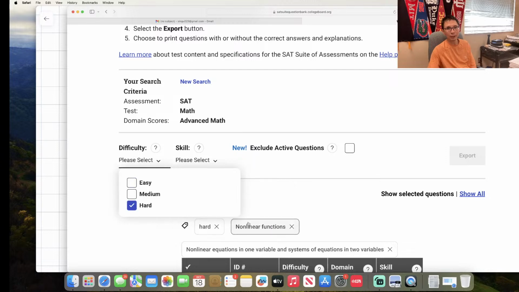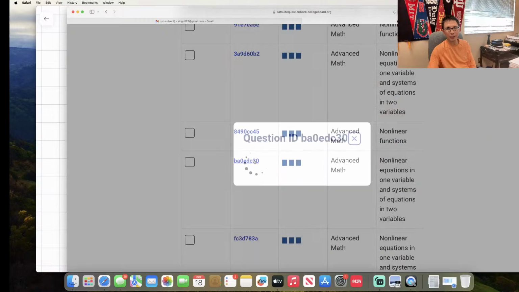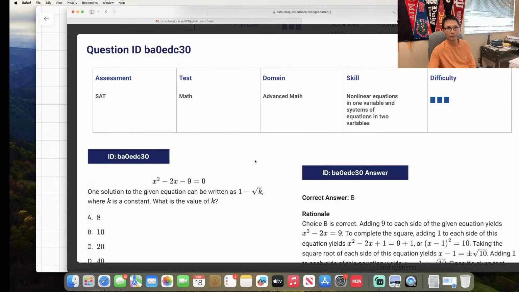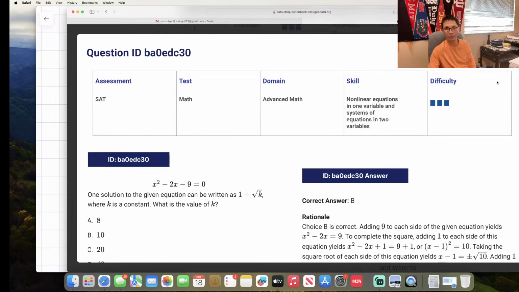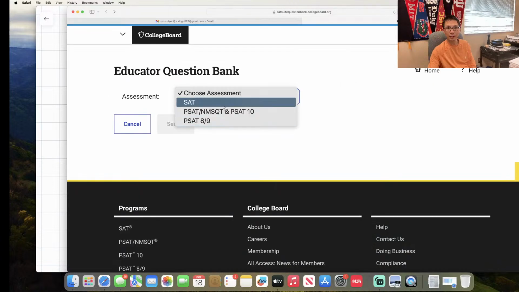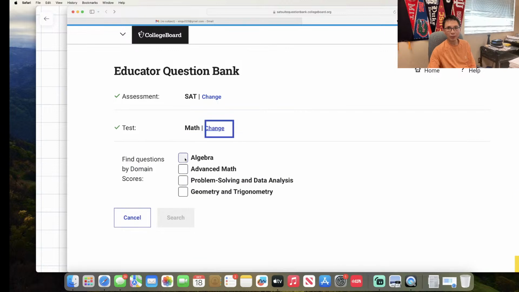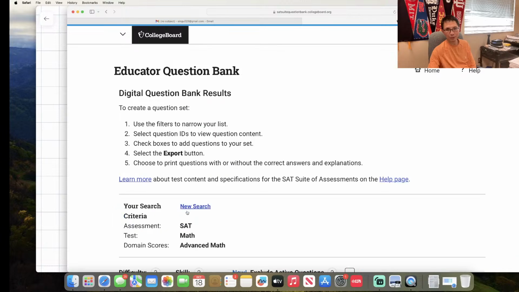So we can only pick the hard questions. No, they're not that hard, not extremely hard. Okay, sorry, I don't like this question. This question is actually on Blue Book. I'm going to choose SAT. The way you choose is this: you choose algebra, or advanced algebra, because algebra is only linear.